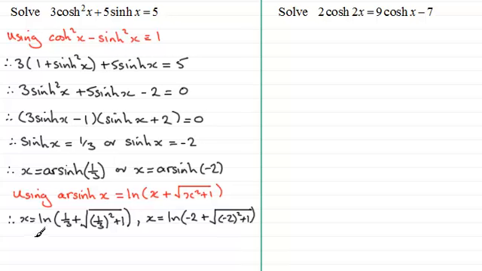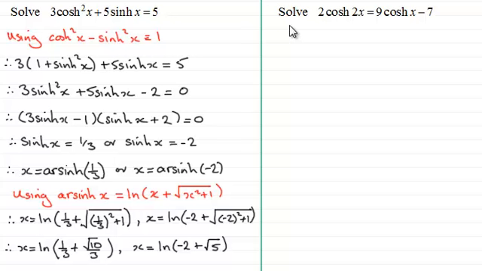And if we simplify these, we end up with x equaling the natural log of 1/3, and then here we've got 1/9 plus 1, that's 10/9, root that, and you're going to get plus root 10 over 3. For that one. And then for this last one, we have x equals the natural log of minus 2, and then this is just going to be plus the root of 5. So there's our answers for that one, expressed in terms of natural logs.